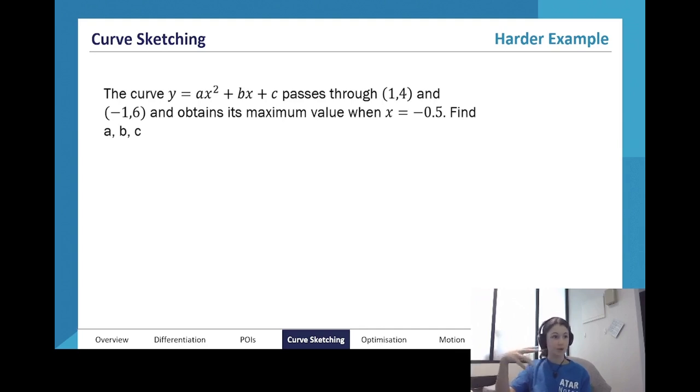But quick tip for you guys is if you are asked to find multiple values, like the coefficients of the variables in a curve, as we have been here, a, b, and c, the derivative is really, really useful because as you go down the derivative, the numbers are eliminated, right?